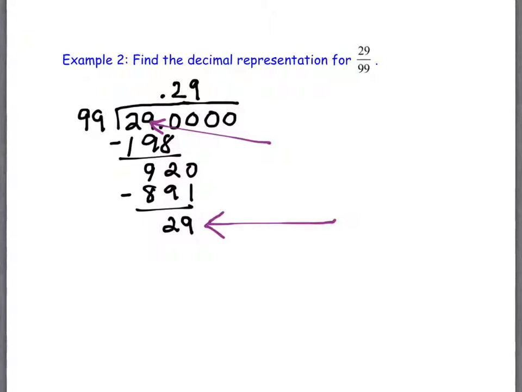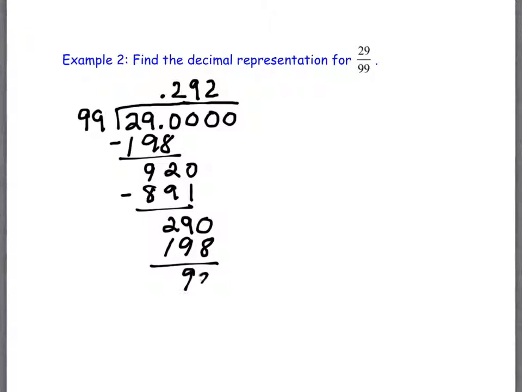In particular, if I weren't so sure, if I didn't recognize it right off, we could do another step, and we could take 290 and do the thing again. When I do 290, I get a 2. And you might be saying, well, wait a minute, I already did that. I already had a 2, and sure enough, when I do the subtraction I get another 92, and if I bring down my 0 and I get a 9 here, I get another 891, and it's going to keep going back and forth.